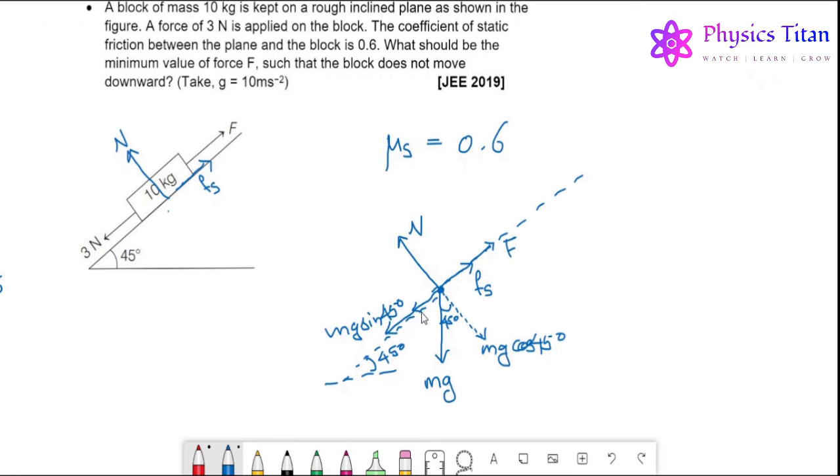So this is the free body diagram for this block.